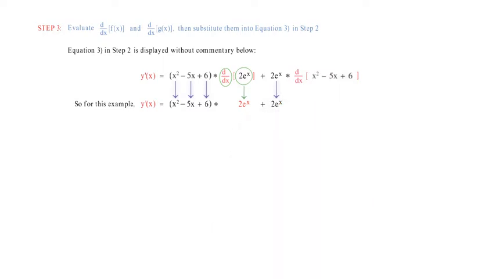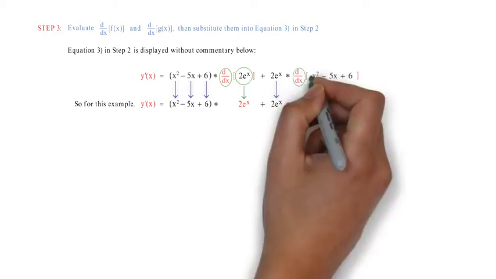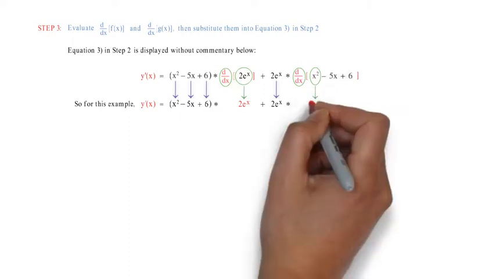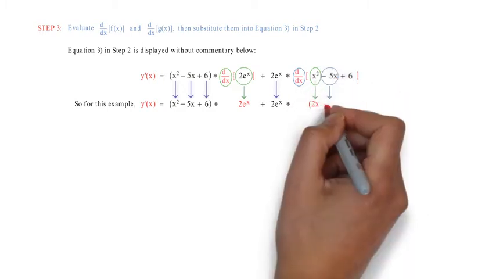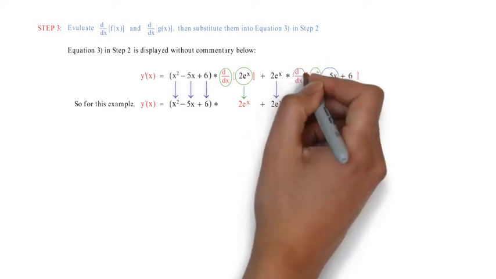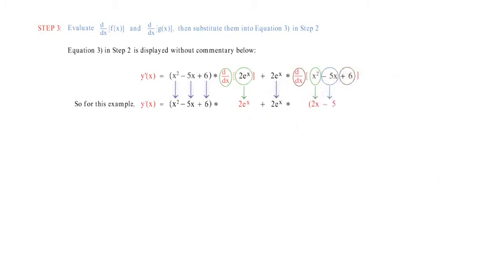2e to the x times d/dx of x squared, which is 2x, d/dx of minus 5x, which is minus 5, d/dx of plus 6, which is plus 0.